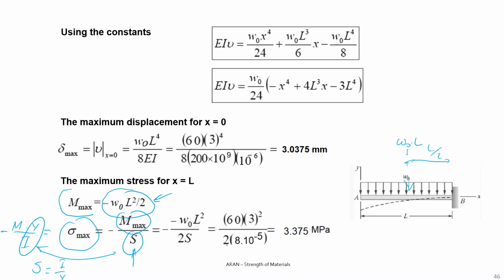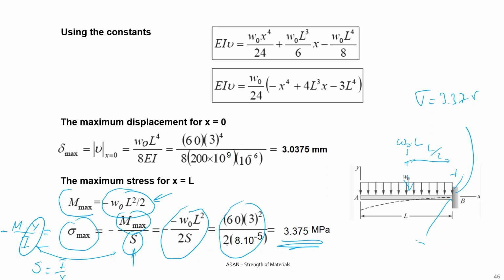Putting the values into the equation using the numbers, you find that the stress in point B is sigma 3.375, and since it's bending, on the upper surface we will have a tension maximum, and on the lower surface we will have a compression maximum stress value.